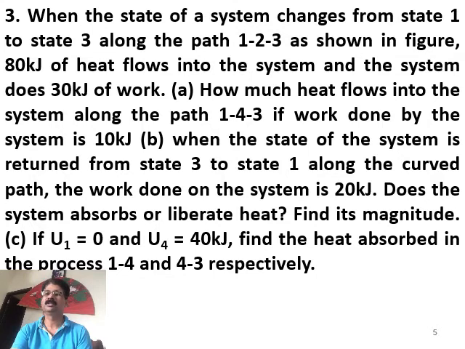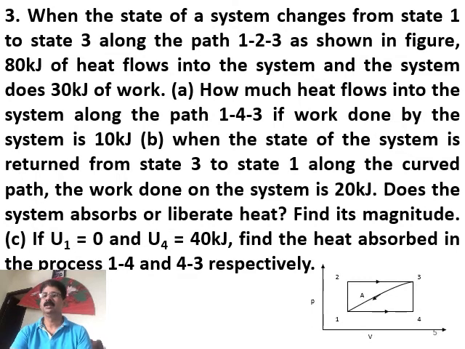B: when the state of the system is returned from state 3 to state 1 along the curved path, the work done on the system is 20 kilojoules. Does the system absorb or liberate heat? Find its magnitude. C: if U1 is equal to 0 and U4 is equal to 40 kilojoules, find the heat absorbed in the processes 1, 4 and 4, 3 respectively.